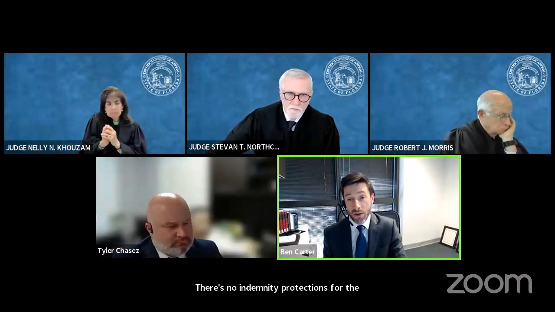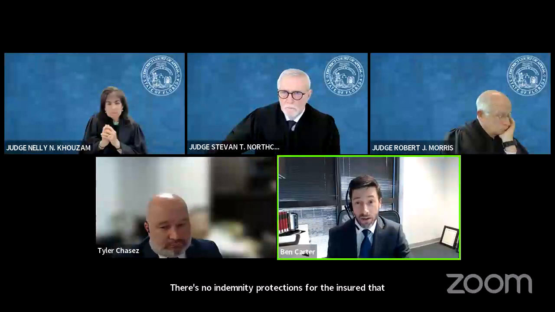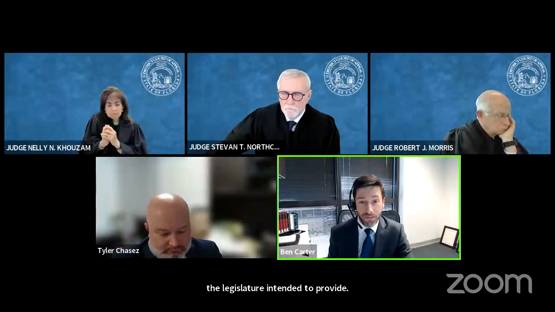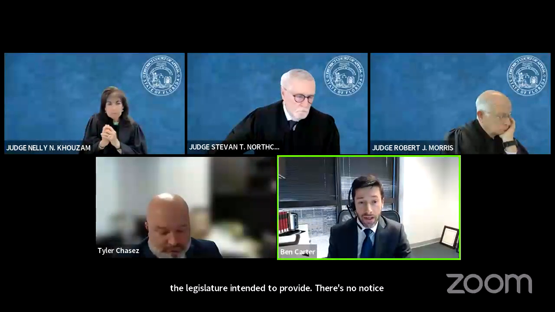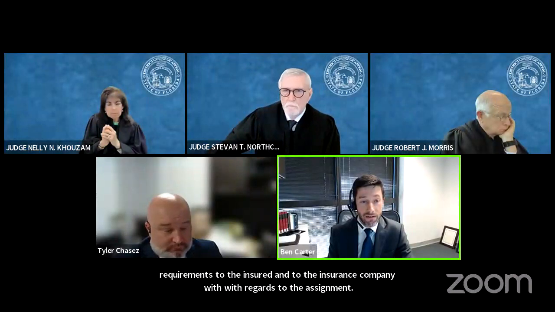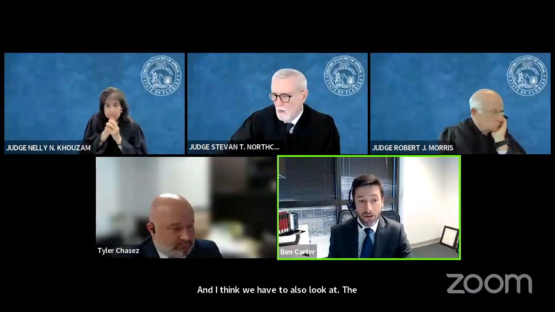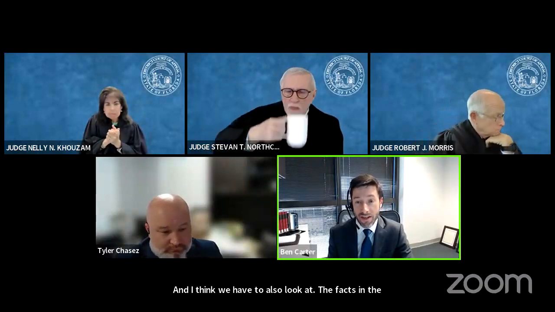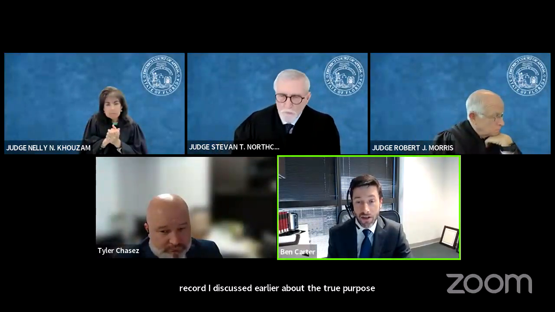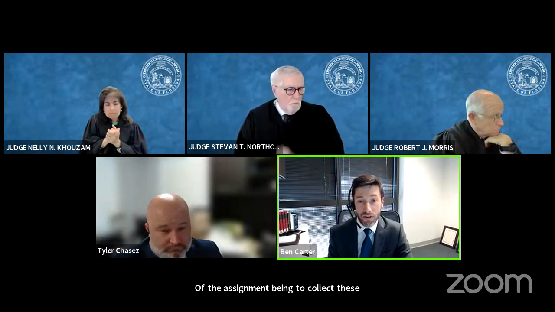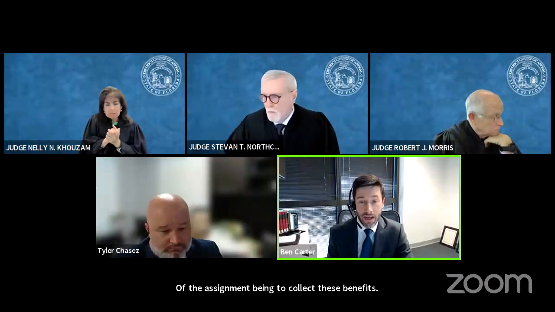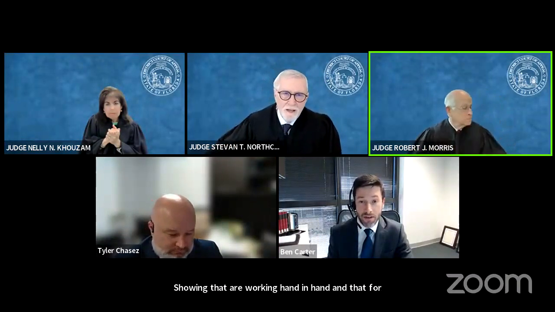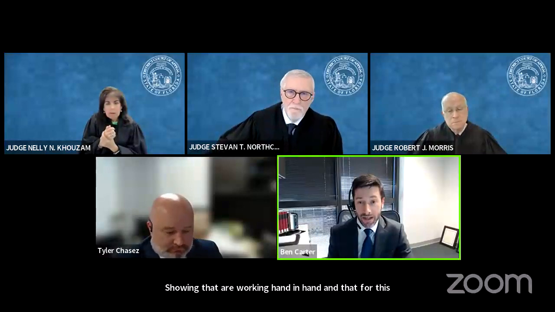And there's no notice requirements to the insured and to the insurance company with regard to the assignment. And I think we have to also look at the facts in the record I discussed earlier about the true purpose of the assignment being to collect these benefits, showing that HICA and the roofer are working hand in hand, and that for this purpose, you've really got to treat them together.